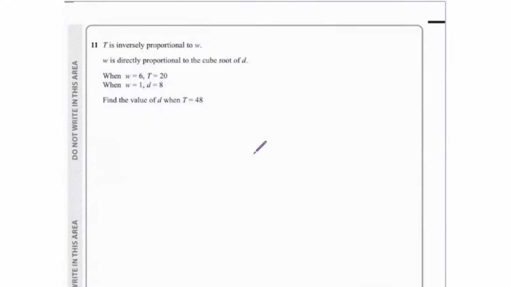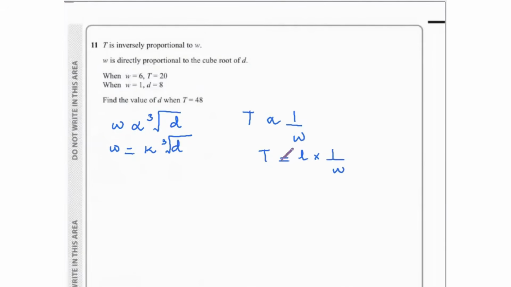Then inverse and direct proportion. T is inversely proportional to W. W is directly proportional to the cube root of D. So W equals K times cube root of D, and T equals L times 1 over W. K and L are your proportionality constants.